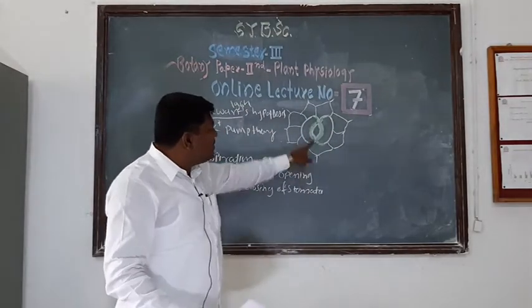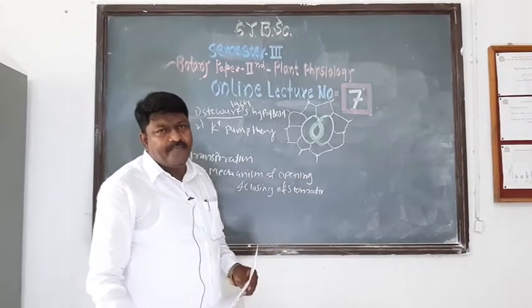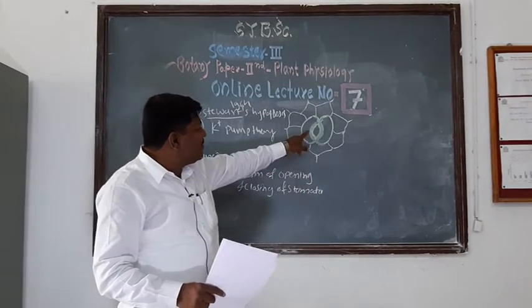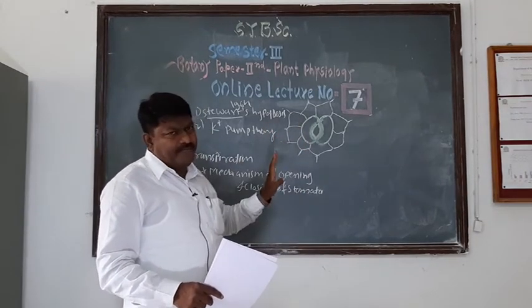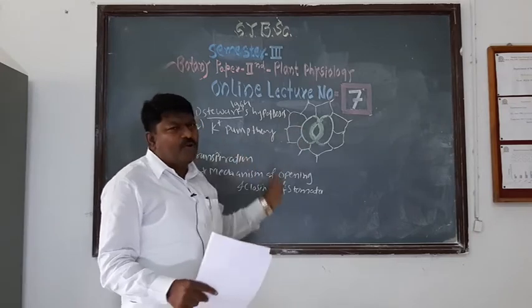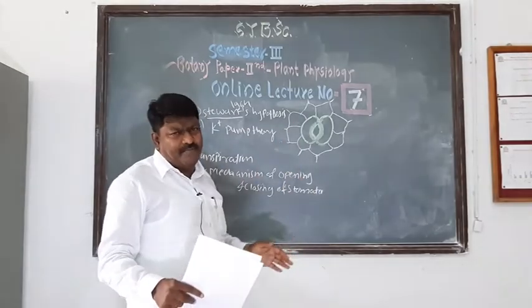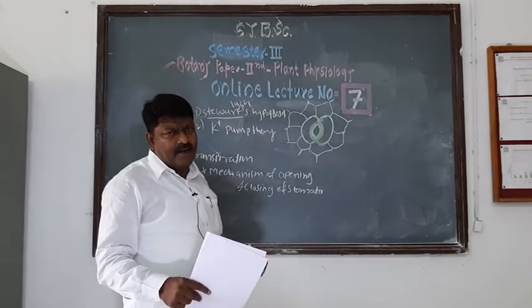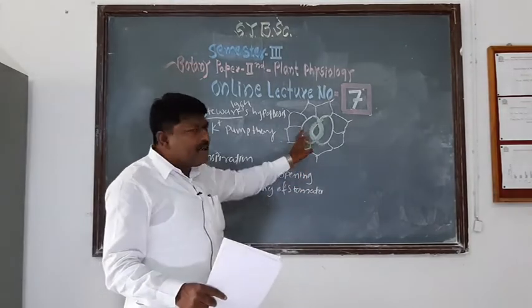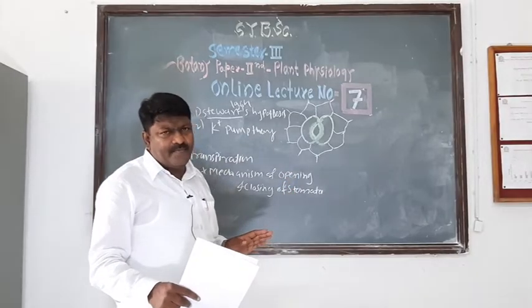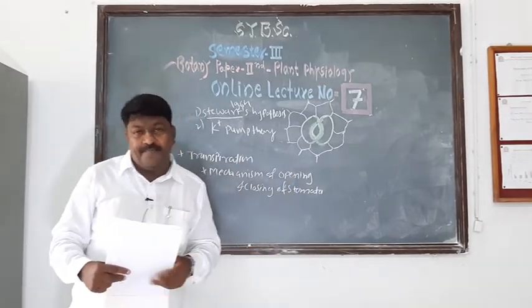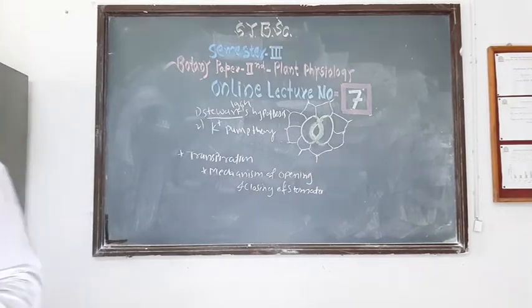As the starch is insoluble, the osmotic pressure of the guard cell is low. Therefore, these guard cells do not absorb water. Understand? These guard cells remain flaccid during night time.